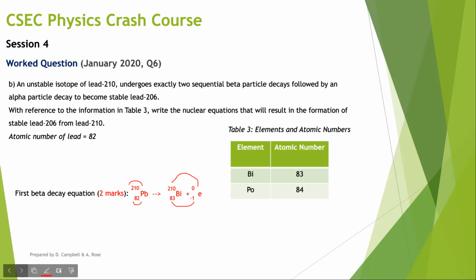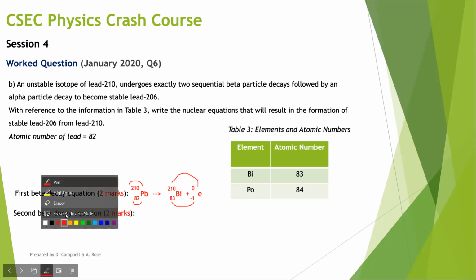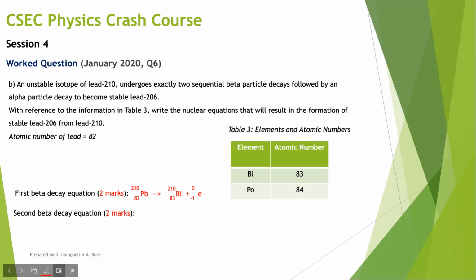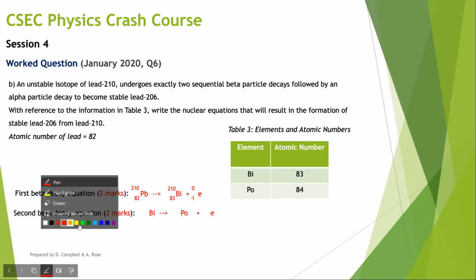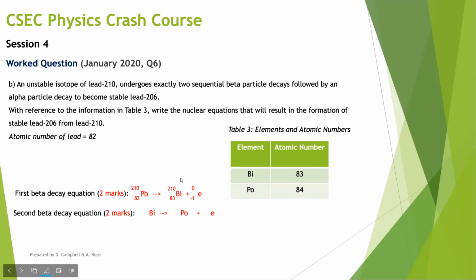All right, so that's the first beta decay equation. Now for the second beta decay equation, you would start off with the daughter nuclide from the first beta equation, which would be bismuth-210, 83, and it would emit a beta particle, and you would also get another daughter nuclide, and that one would be polonium, which we will double check in our calculations to ensure that it's correct.